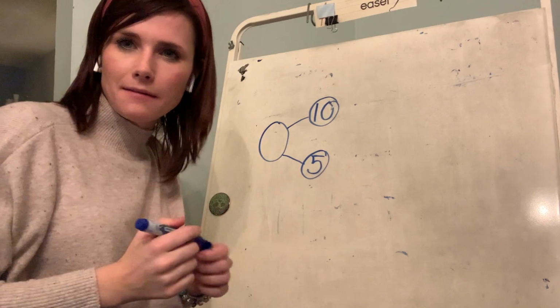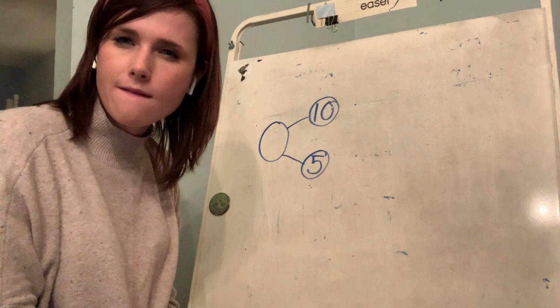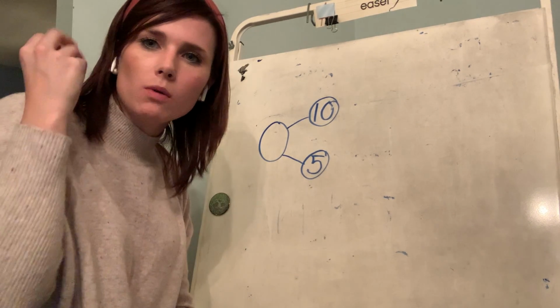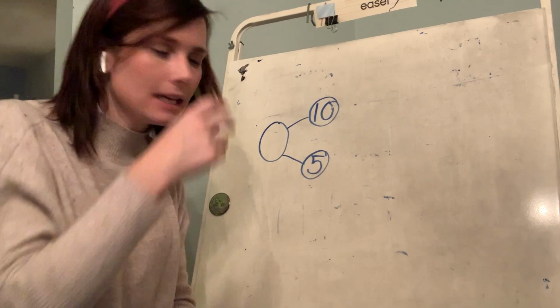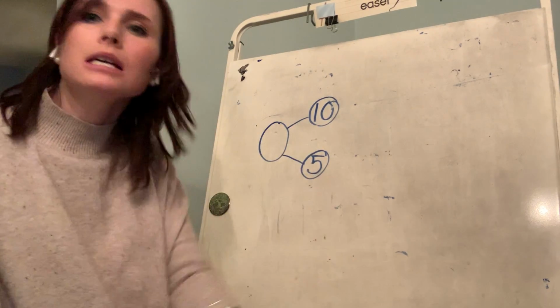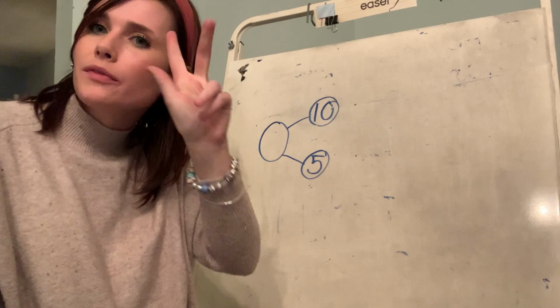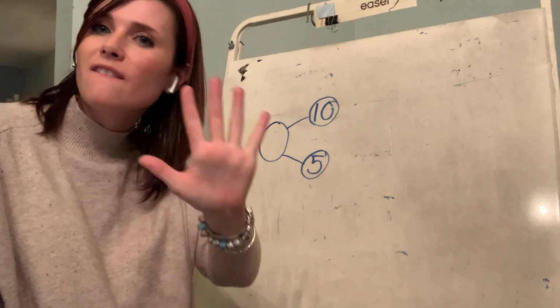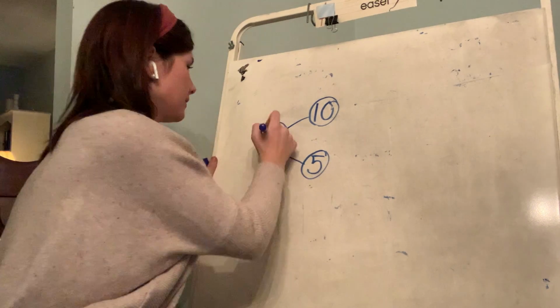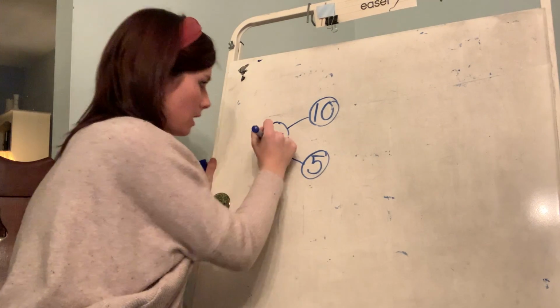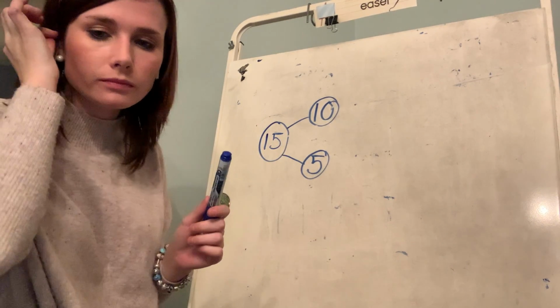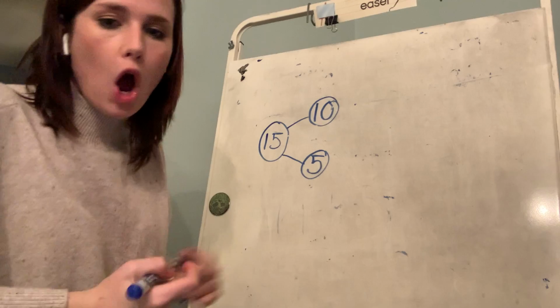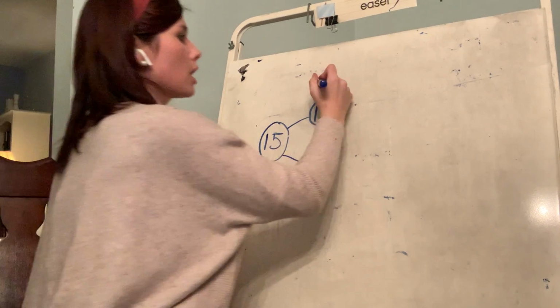What number is 10, 5? Some of us might just know 10, 5 is 15. But if you don't know that, you can go 10, 11, 12, 13, 14, 15. So our whole we know is 15. You can fill that right in. Next, we're going to draw 10 eggs in a carton.